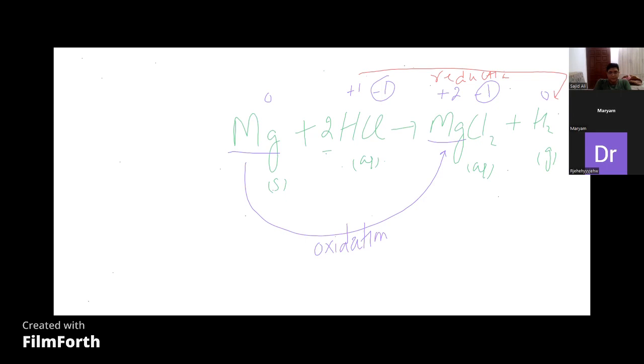Magnesium has been oxidized, that is oxidation, and hydrogen ion has been reduced by gaining electrons, that is reduction. So both oxidation and reduction are taking place simultaneously in this reaction. So this is a redox reaction. Is it clear? Yes, sir. Abdullah, clear? Clear. Okay, good.